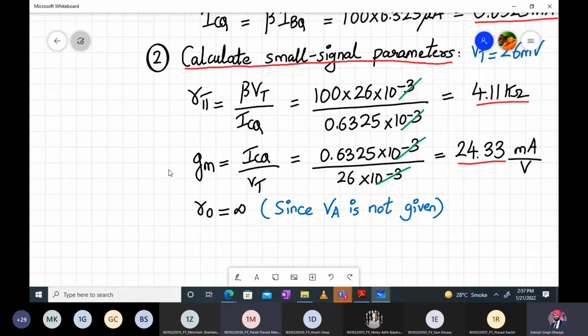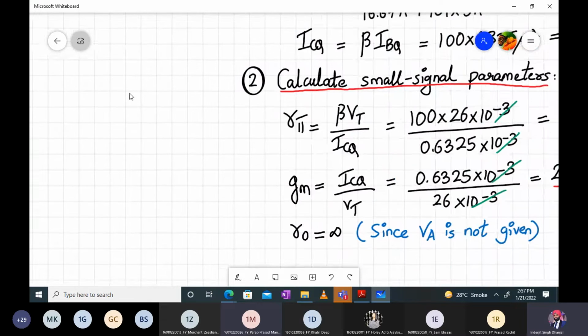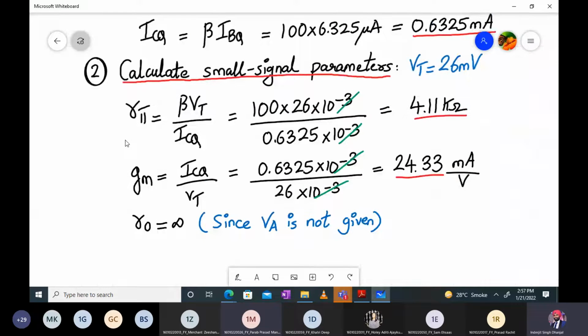Right. What is the next thing we do? Anyone? So all of you must get this value of RPi, 4.11. GM value is 24.33. Right. And what is next? RO is infinite. Now what do we do next? We'll draw the low frequency AC equivalent circuit. Right.